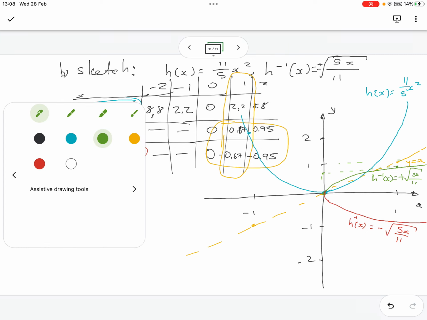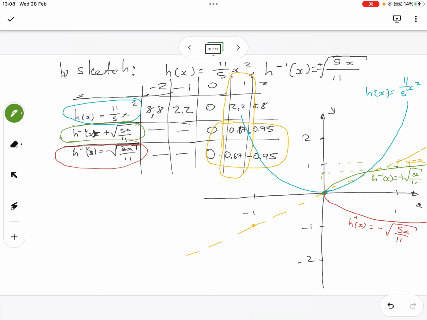Then we've sketched both graphs on the same set of axes. Then part C, we must restrict the domain of h so that the inverse is a function. And how do we do that? We restrict the x values. That's correct.